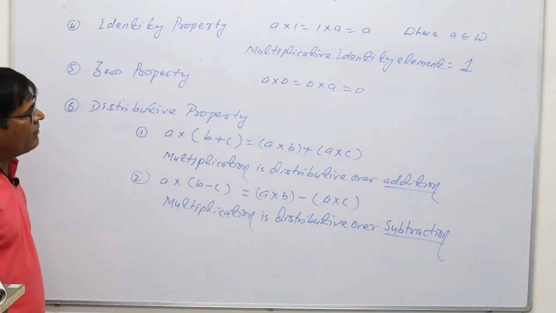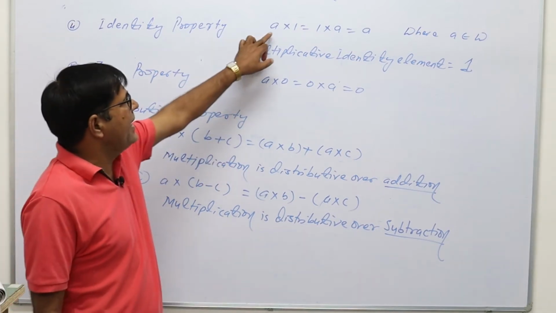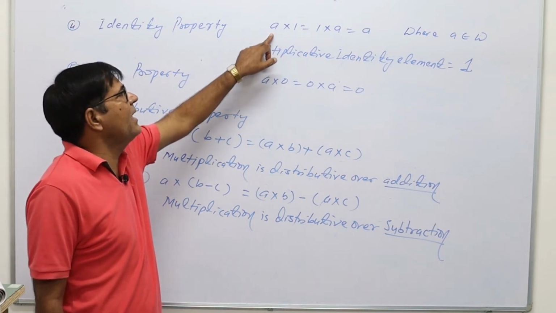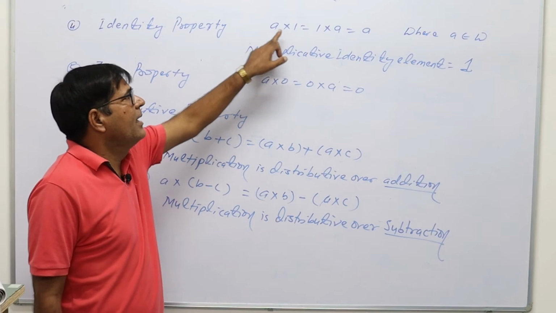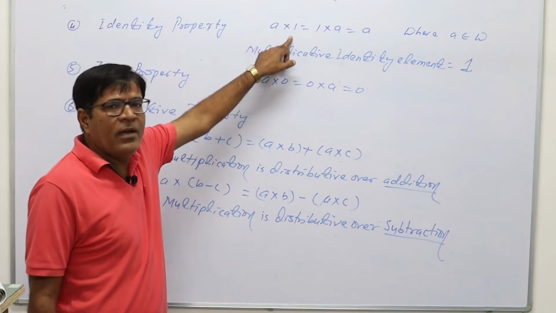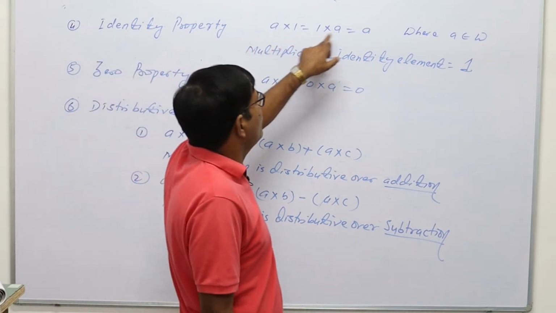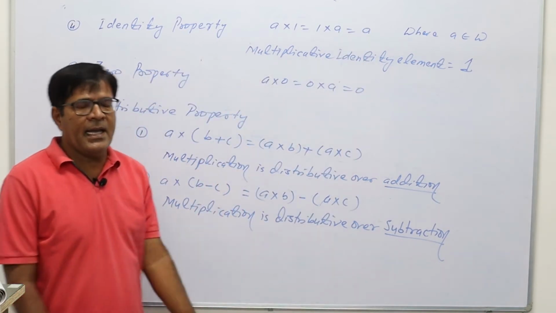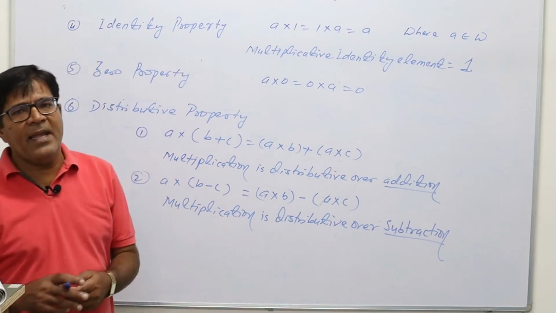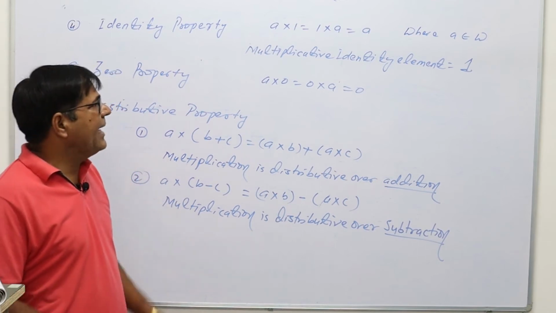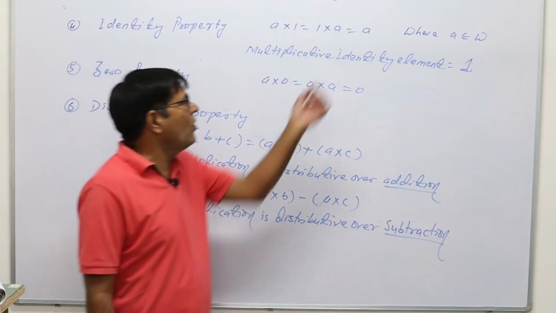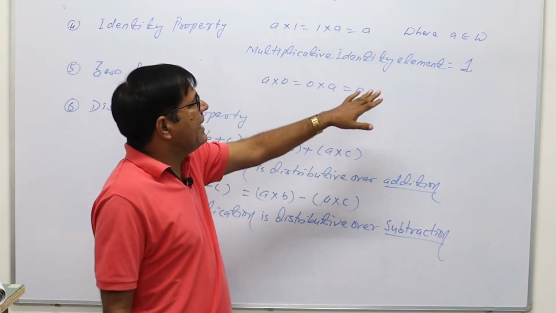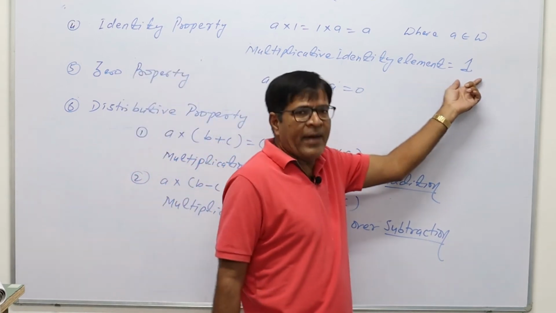So, under the given whole number, let us suppose A is any given whole number, and if we have to multiply the given whole number by 1, then A into 1 will be equal to 1 into A, that is equal to A. So, when any given whole number is multiplied with the number 1, its value will always remain A. So, the multiplicative identity element is 1.